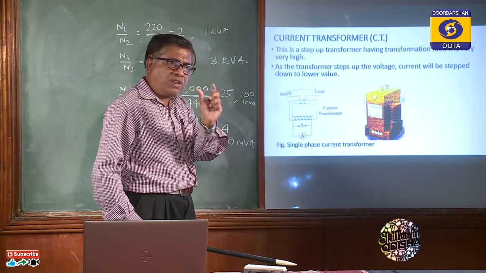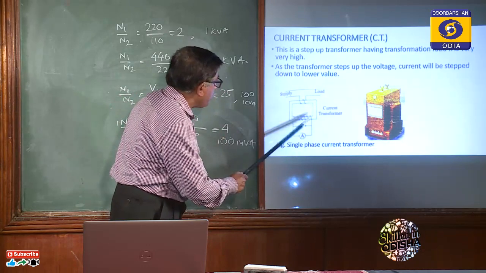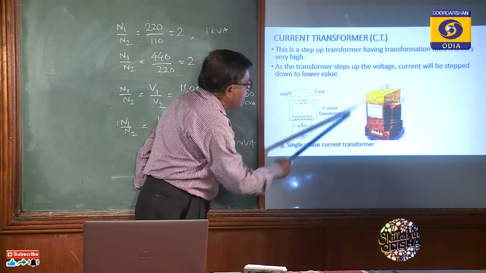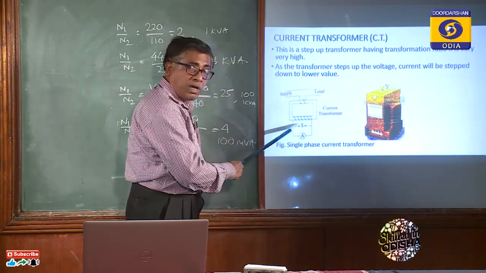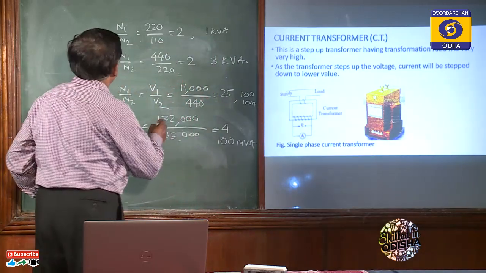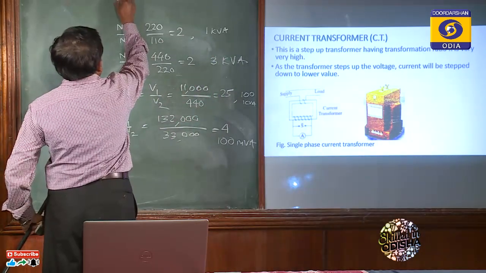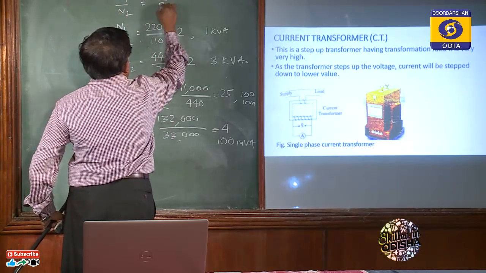Don't be confused. I have drawn only 5 to 6 turns, but in actual practice this is a CT I have taken from this laboratory. If this is 1, it may be 1000, it may be 2000 number of turns. So what is the ratio? Now in case of CT, number of turns N1 by N2 is equal to 1 by 2000.